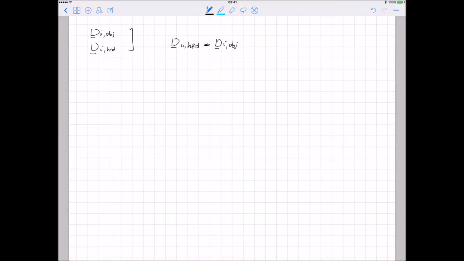In our model, we usually consider three types of contact models that are the single point without friction, the single point with friction, and the so-called soft finger.